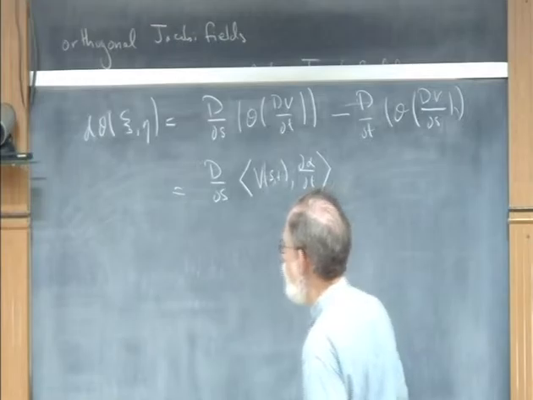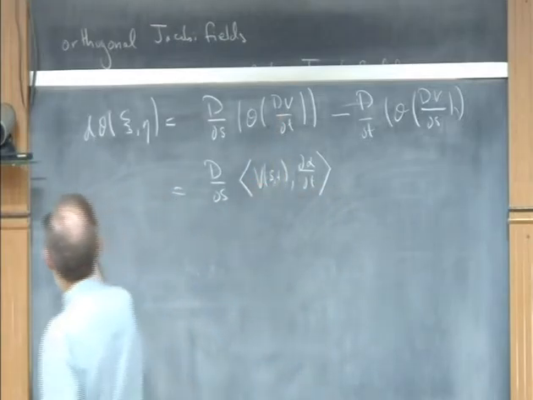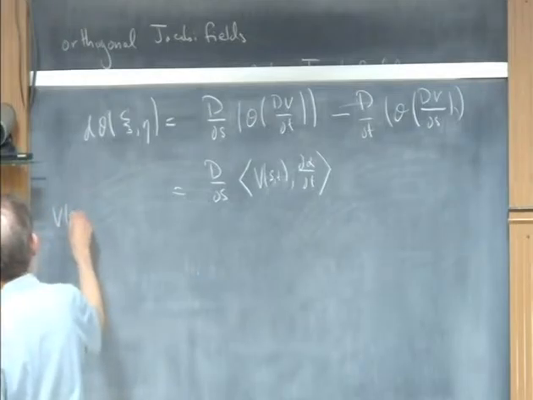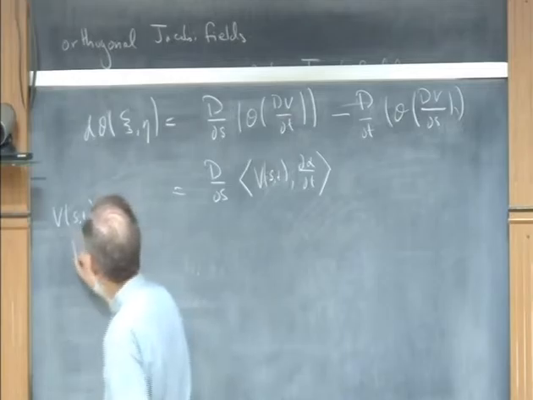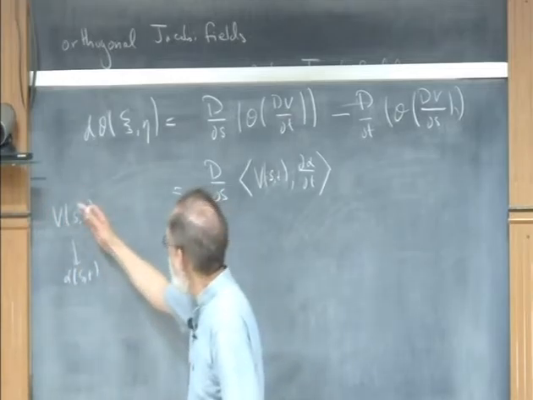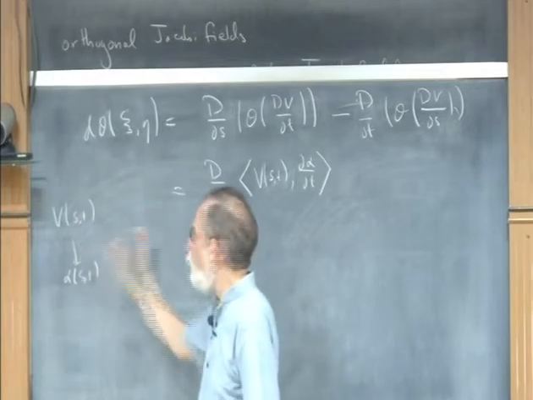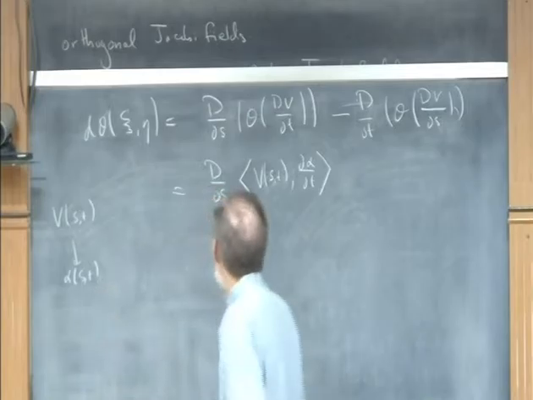So if I think about the curve v of s,t, this sits over alpha of s,t. As I move v, the foot point moves, and the horizontal component is the derivative of the foot point.